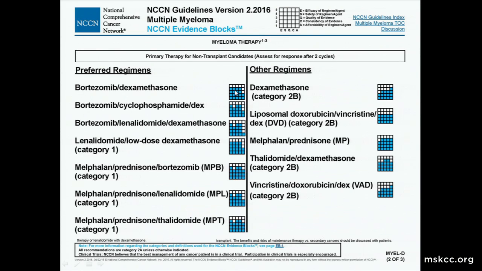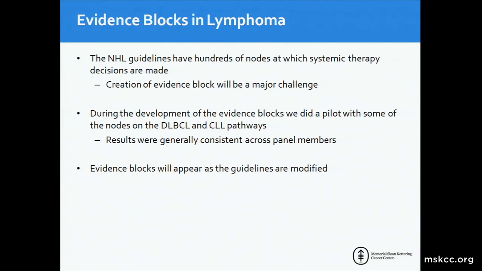There's consistent evidence. There's good data quality. But it's moderately expensive. Whereas here we also have pretty good evidence, but it's considered to be less expensive. This will help patients and caregivers make a decision among the various choices that are available.